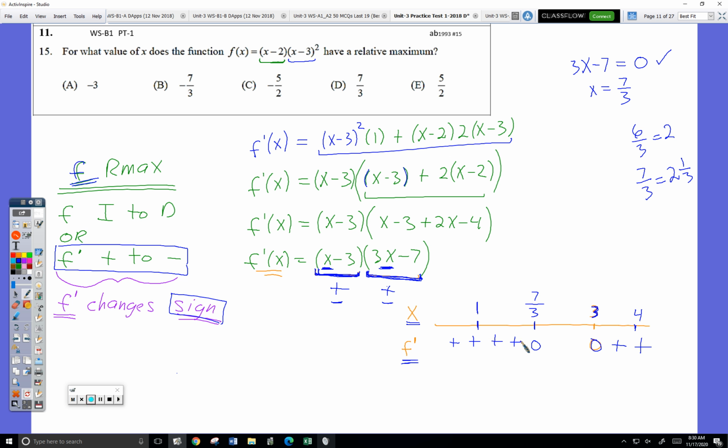And then one more test value. 2.5. Sounds good. 2.5 is good. So this is 2 1/3. So I put 2.5 here, negative. 2.5 here, positive. Questions? Do we want to talk about it?